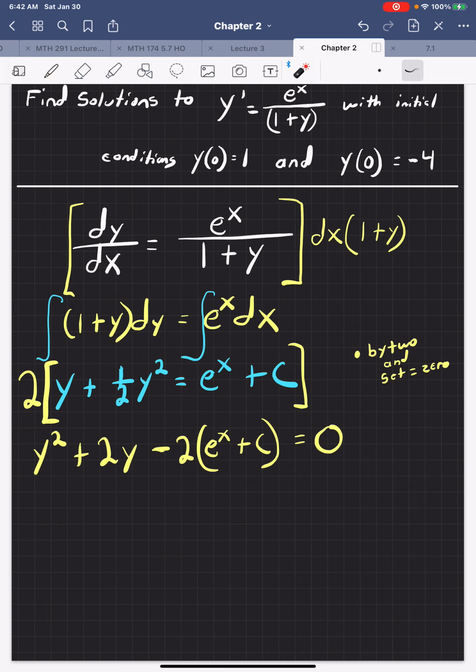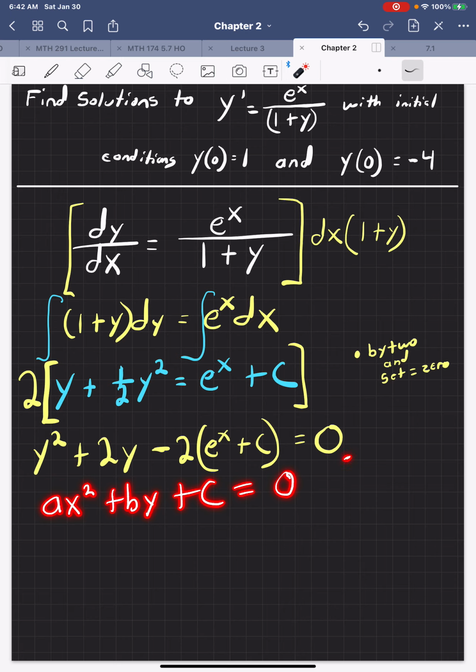So, all right. Does this resemble something that you have done in previous math courses? Well, it should resemble a quadratic, right? And if it's a quadratic, then we can use the quadratic formula.